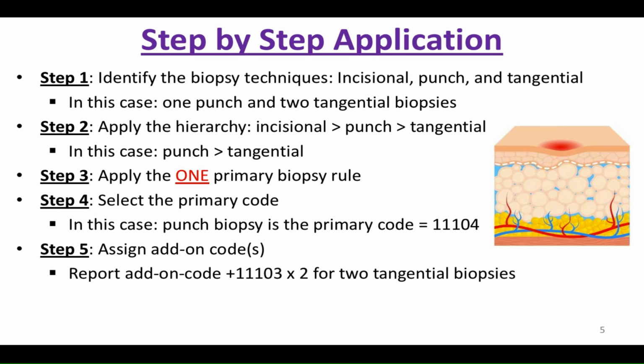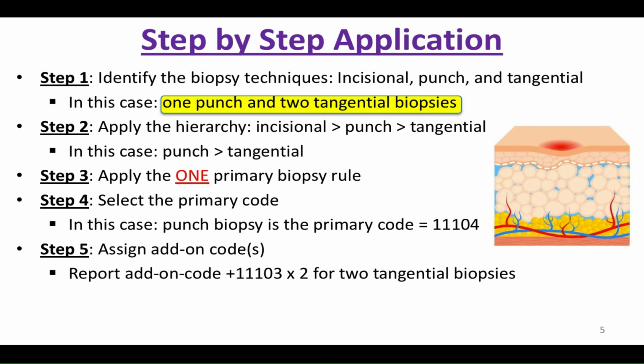In order to code this skin biopsy correctly, you need to follow these steps so you don't make mistakes on the exam or when coding in real practice. Step 1. Identify the biopsy technique. CPT recognizes tangential, punch, and incisional biopsy. In this case, we have one punch biopsy and two tangential biopsies.